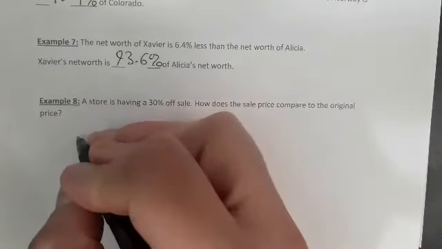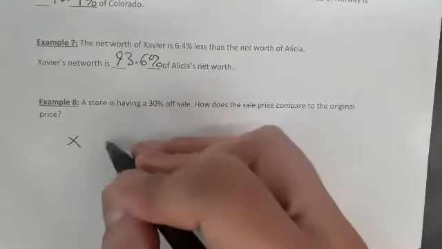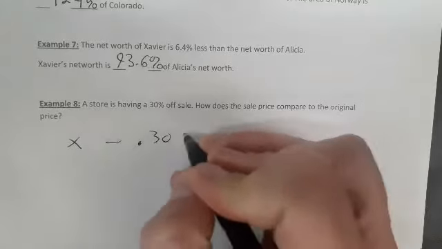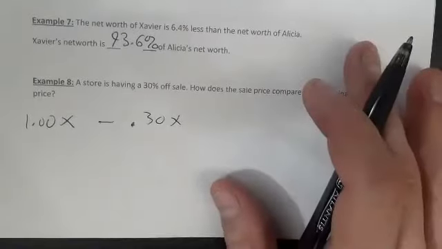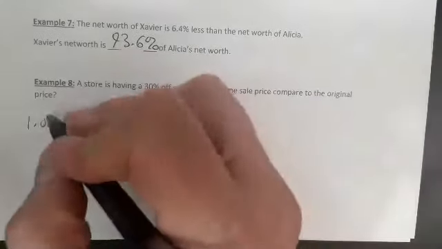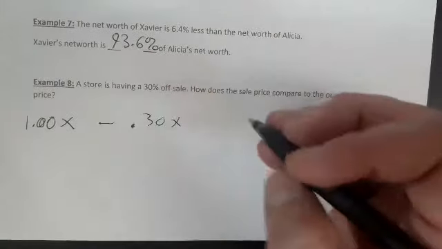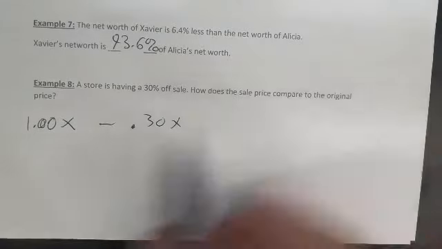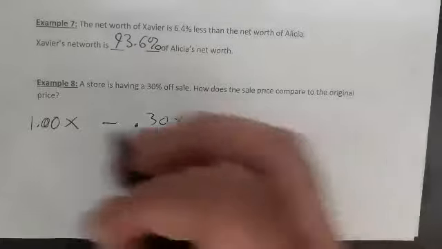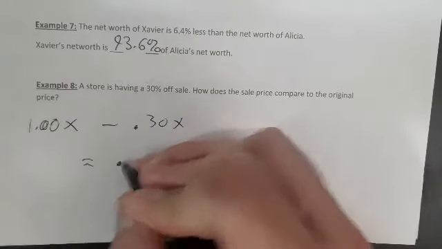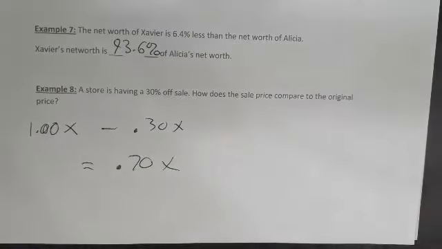You can think of it, maybe we start with the price, and we're going to take 30% off of that price. If you want to think about it, you could always put a 1 in front of your variable if it doesn't have one, a coefficient of 1. But what we're doing is we're taking one of them, or 100% of this thing. We're taking off 30%. And what this is going to give us is something like 70%.